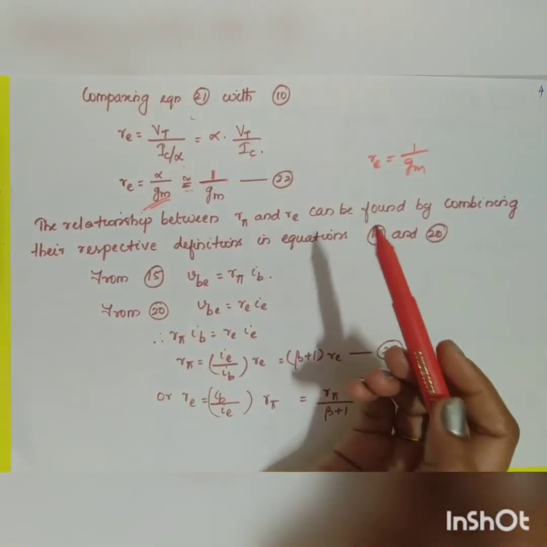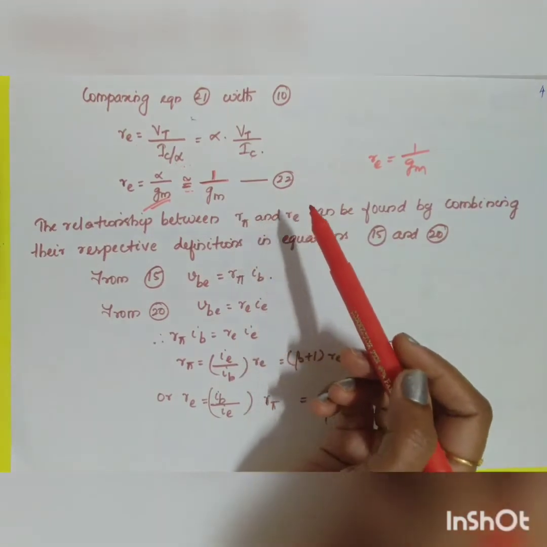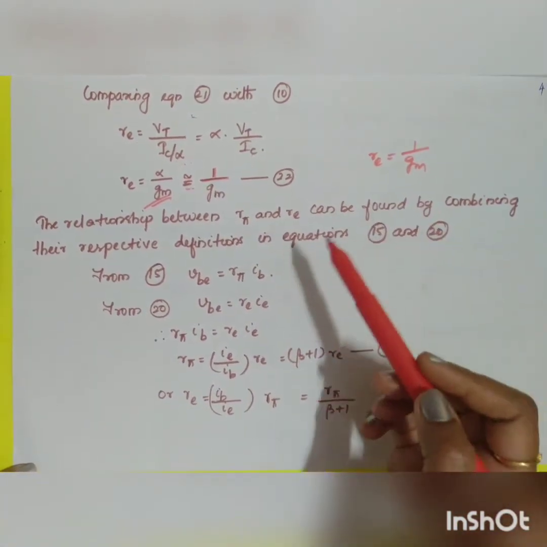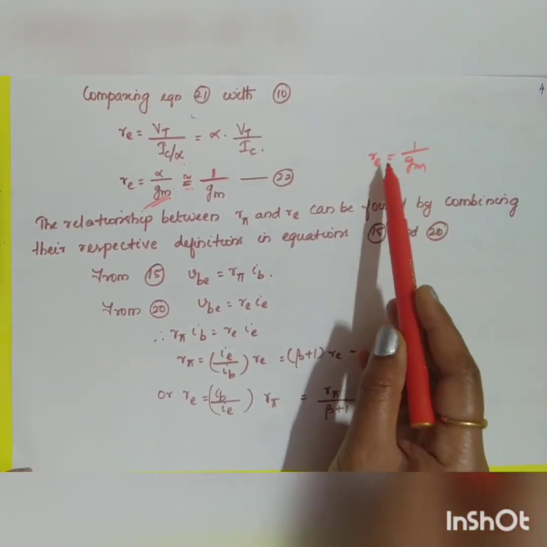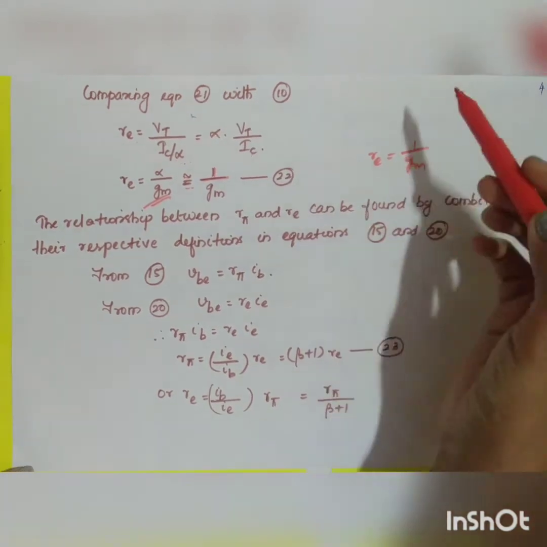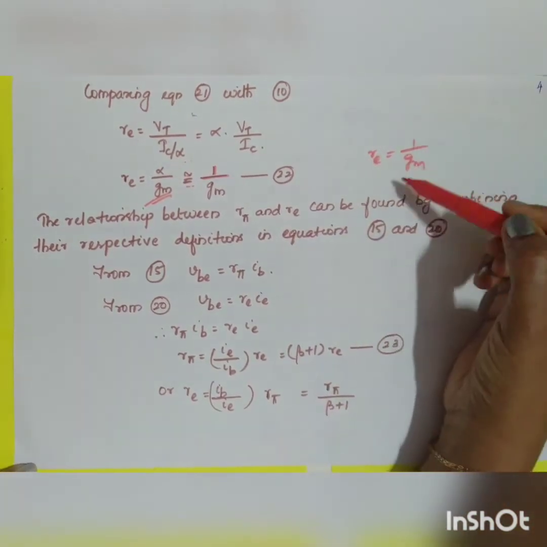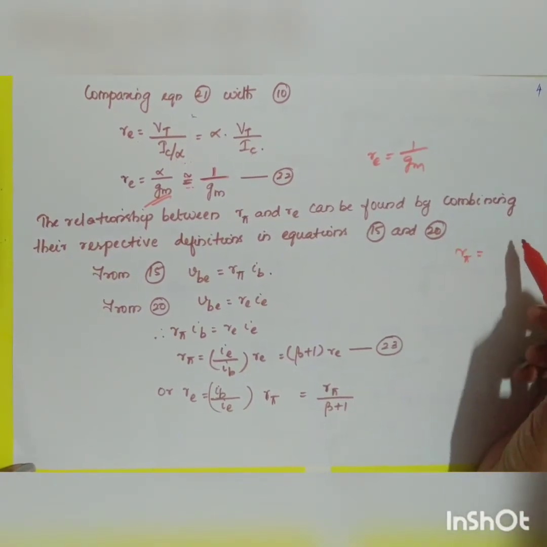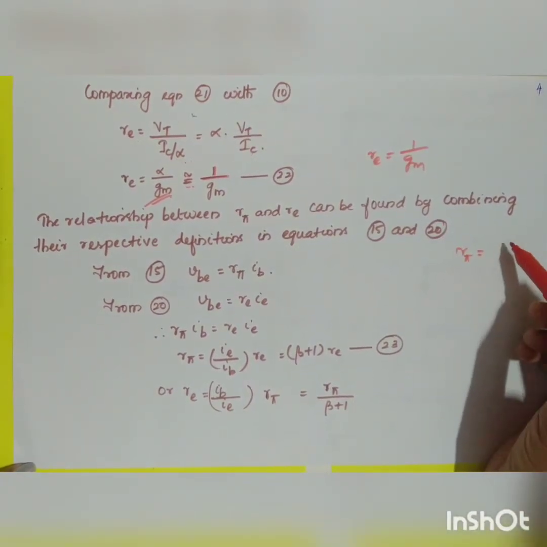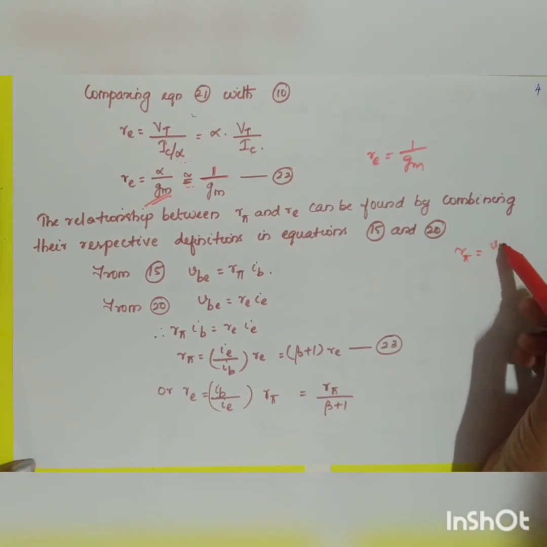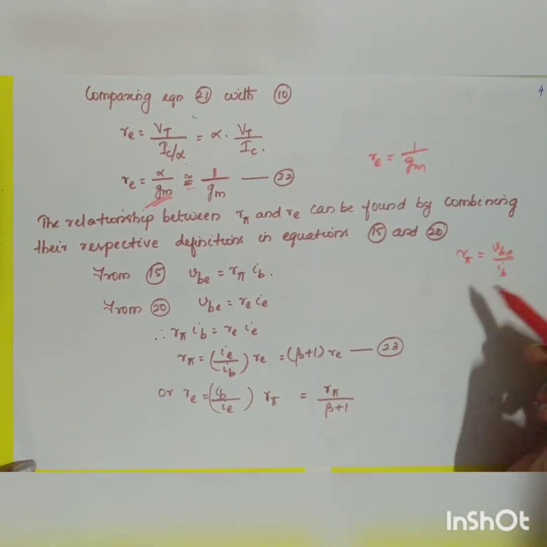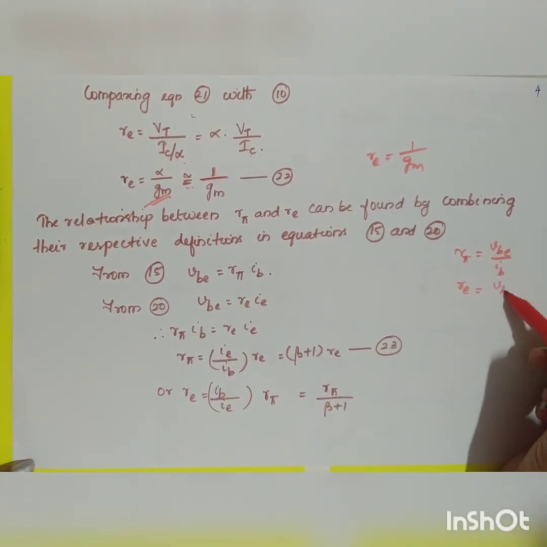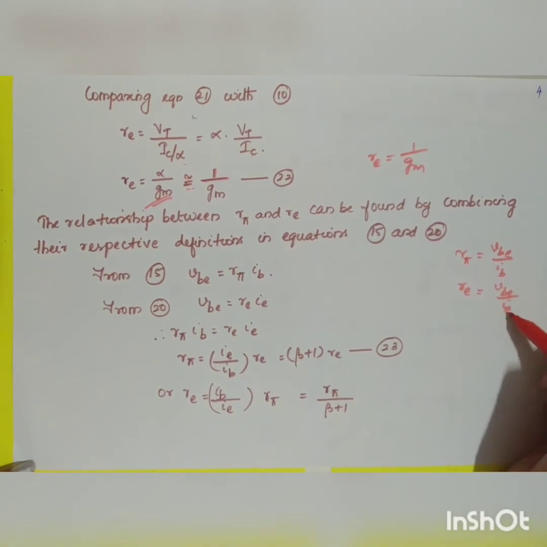Now once you have found re and r pi, you are going to find the relationship between r pi and re. What are the two equations you have got? R pi is equal to voltage vbe divided by ib, and re is equal to voltage divided by current, ie.